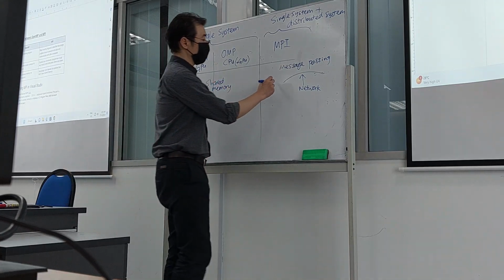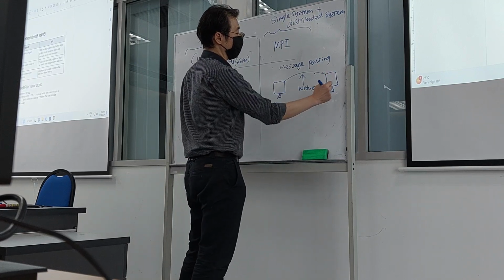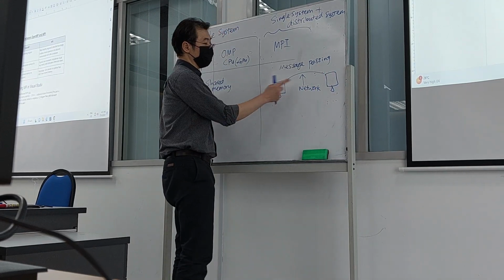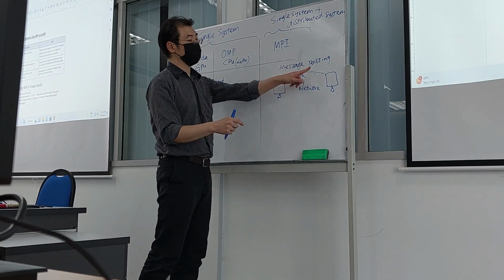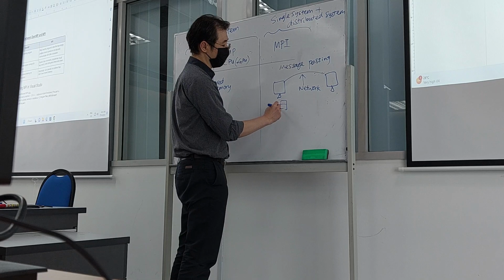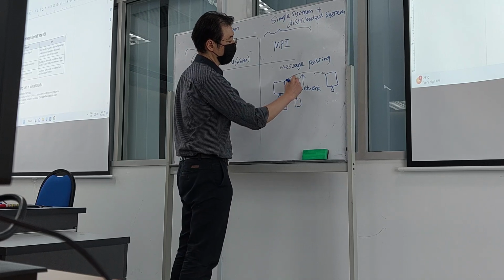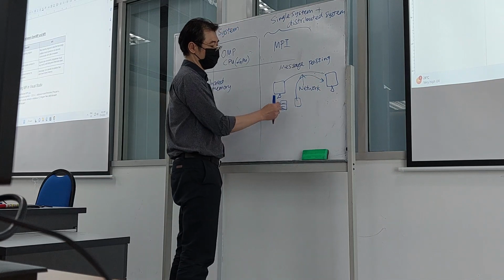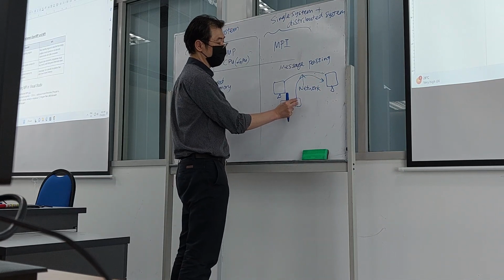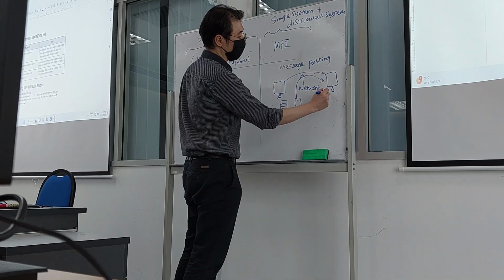MPI is different because it's a PC and then there's another PC here. It has its own memory, so there's no way for you to share the memory. That's why they have to pass the message. From the memory, you create a copy. That copy is the one that you send over. You create this copy, which is a message containing data, pass it over, and then store it inside this memory.